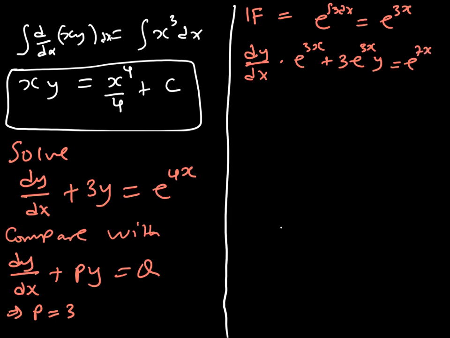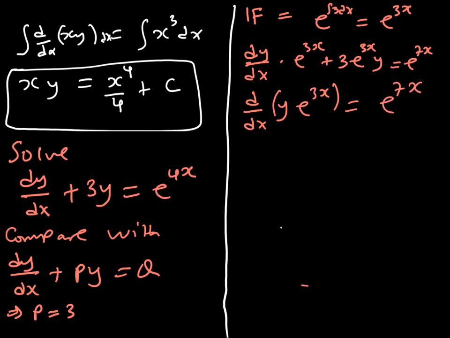to the 7x. Okay, and you have d by dx of y e to the 3x is equal to e to the 7x.